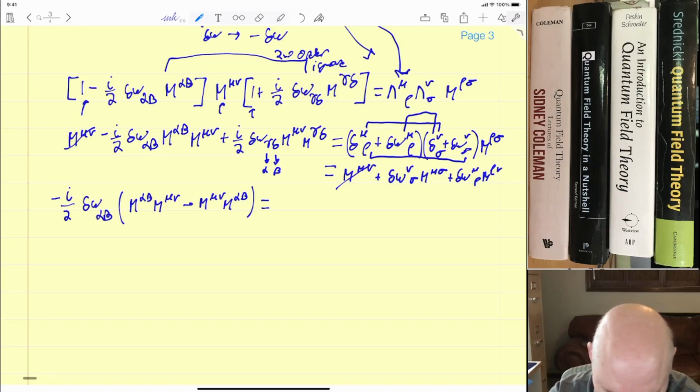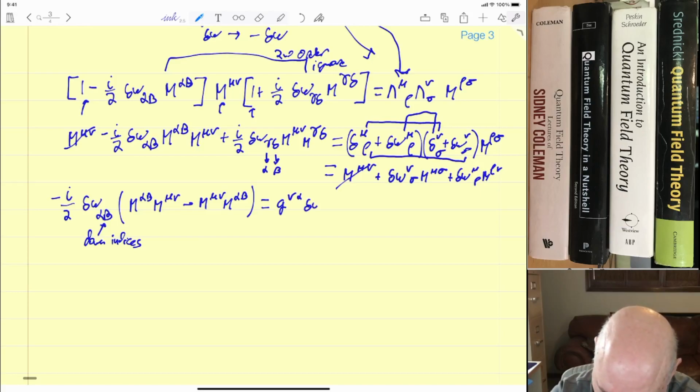Okay. Now let's go back to the right-hand side. And now what I want to do is, because the parameters have the indices down over here, these are both down indices, I want to get down indices on the parameters here, so I lower the parameters. So to lower the parameters, I use the G nu alpha del omega alpha beta.